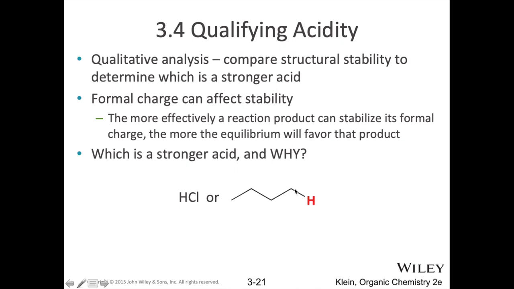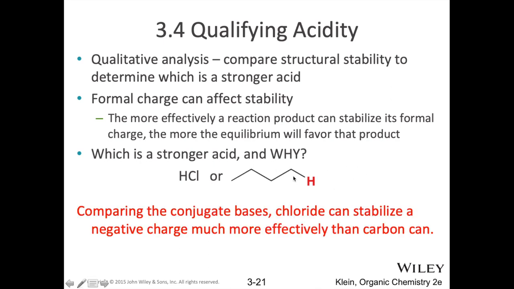Now, which of those is going to be better at stabilizing the negative charge? Well, you know that chloride is probably a pretty stable anion, but a carbanion is not very stable. Okay, so just from that alone, you know that HCl is going to be a better acid because the resulting conjugate base is more stable.